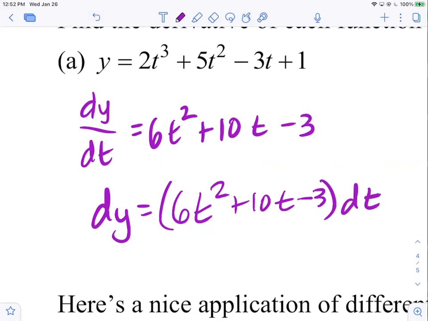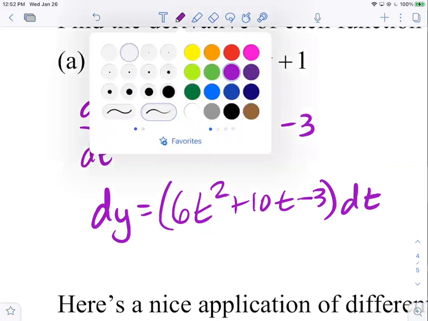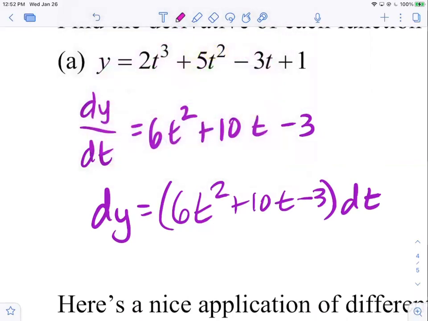Now, if you know differential form is what you want, you can go straight to that step. You can say dy equals the derivative in parentheses dt, because it's just like you're multiplying it from this side to separate. Now there's a couple of reasons why I want to do it. Like I said, in chapter 4, if I wanted to go backwards, I need to be able to separate.